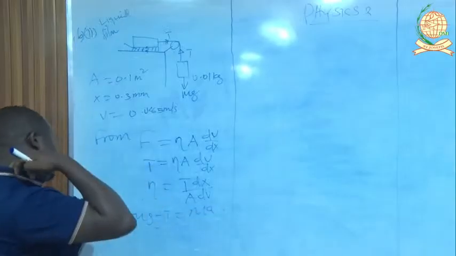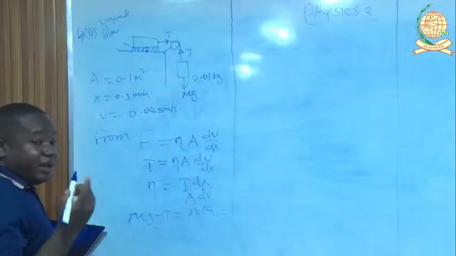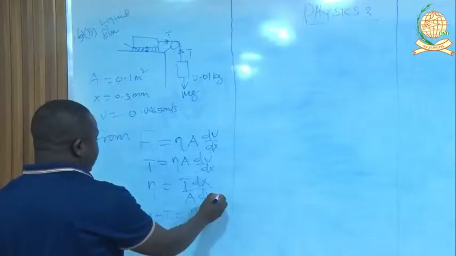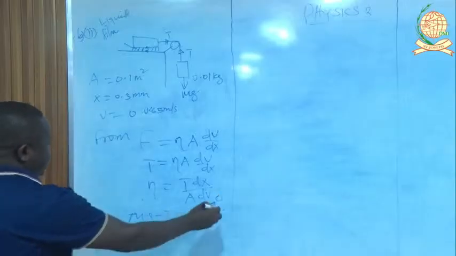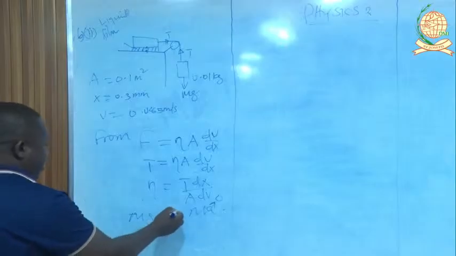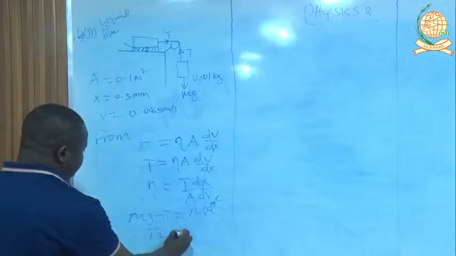But we are told that the system is going with constant velocity. For a constant velocity, this acceleration is equal to 0. I mean, mg minus T is equal to 0. Then T is equal to mg.